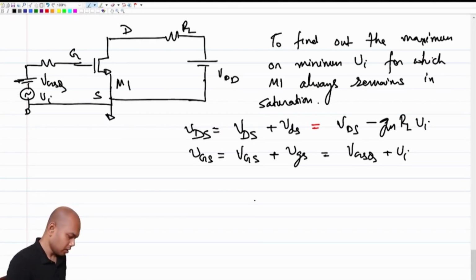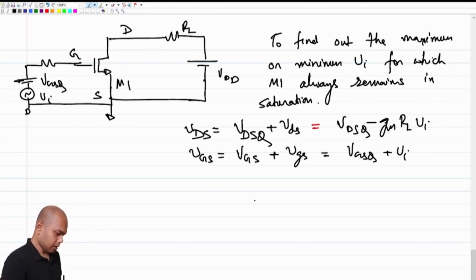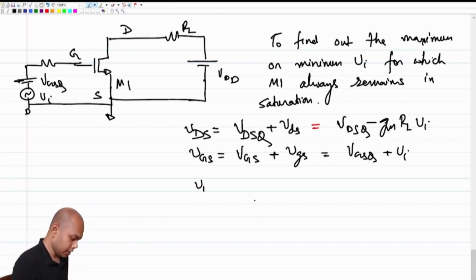Now let me use Q here, otherwise it will not be consistent. So now, what is the condition for saturation? The condition for saturation is Vd should be greater than or equal to Vg minus the threshold voltage.